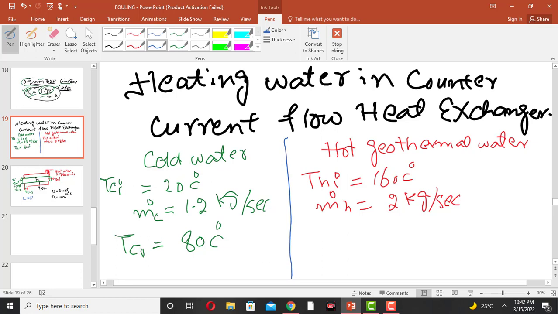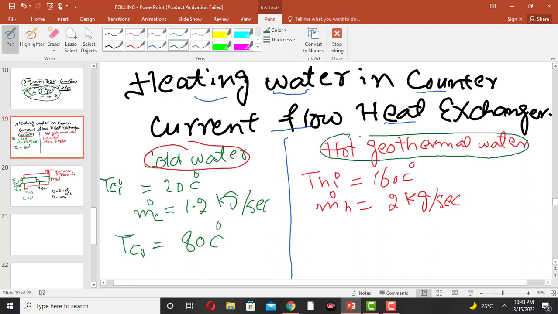This problem is related to the LMTD method. In this problem we will design a heat exchanger using the log mean temperature difference method. The problem is that we are going to heat cold water in a counter current flow heat exchanger with the help of hot geothermal water.